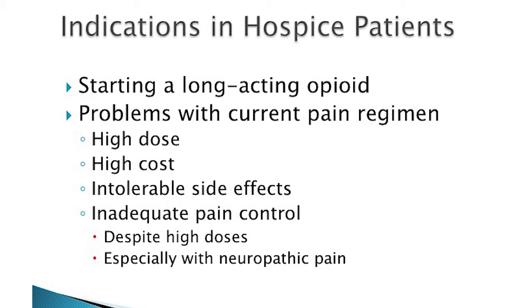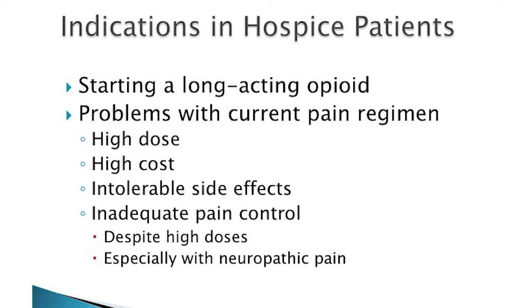A second reason would be high cost of the current drug. Maybe they're on a huge dose of fentanyl patches or extended release oxycodone, which is very expensive. Even Kadian, which is the once-a-day capsule form of morphine, is I think around $15, $20 a capsule. So high cost is definitely a good reason to consider switching to methadone.